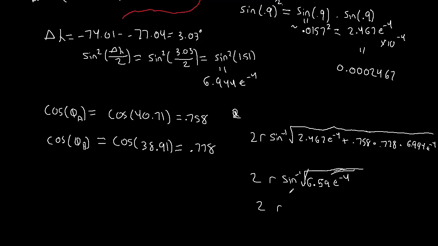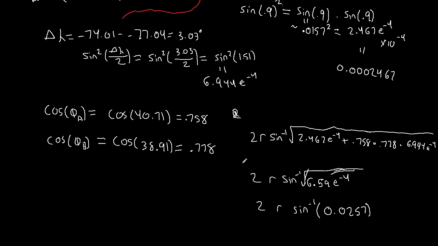So this is 2r sine negative 1 of 0.0257. Okay. Now the equation looks far, far, far easier to handle.